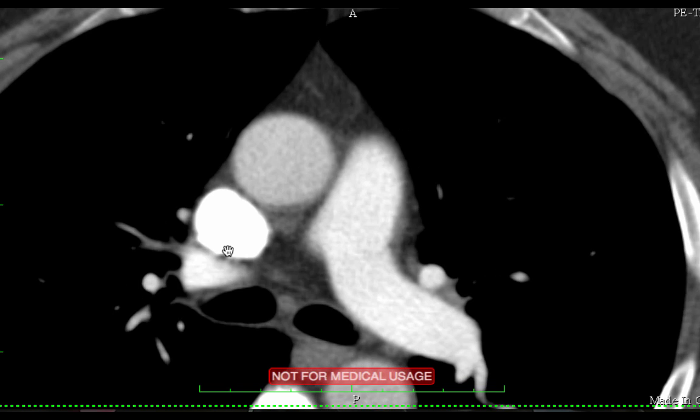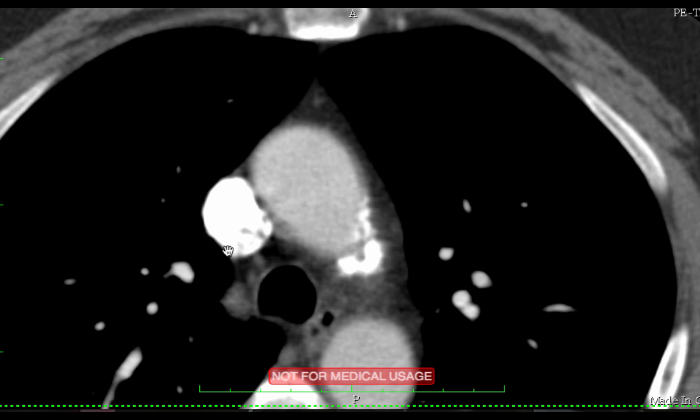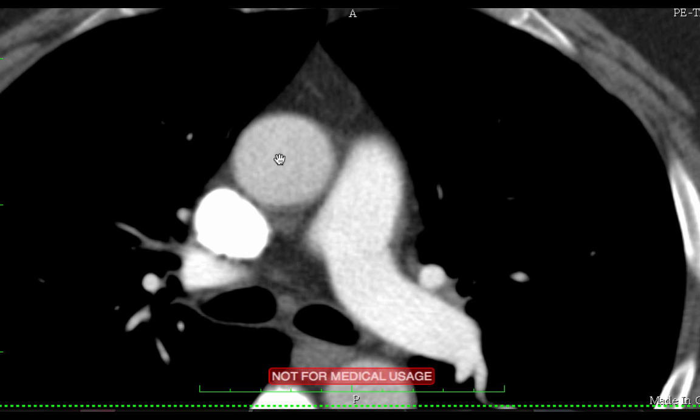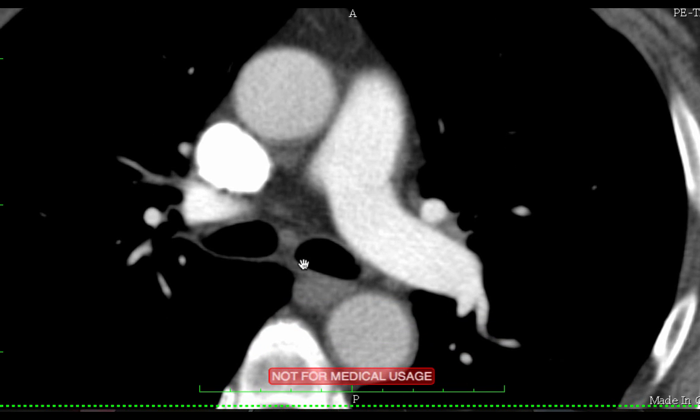This is the SVC, plain and simple, riding right alongside of the ascending aorta. This is ascending aorta, this is descending aorta down there.